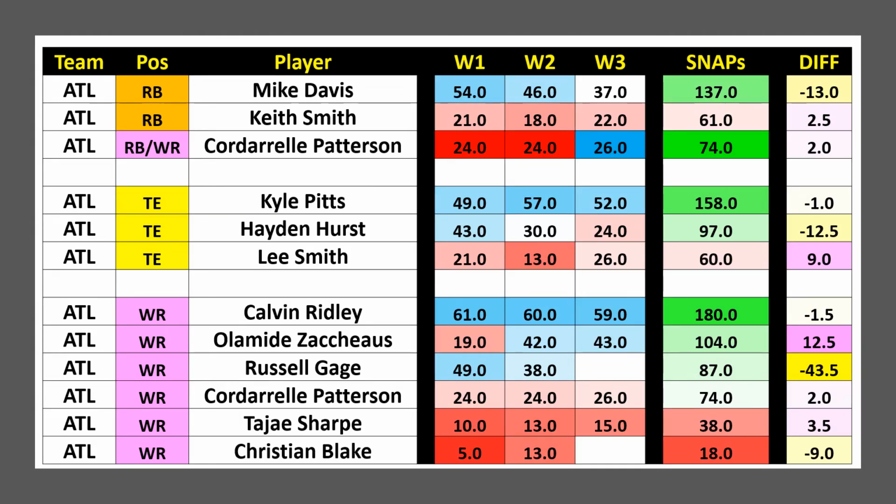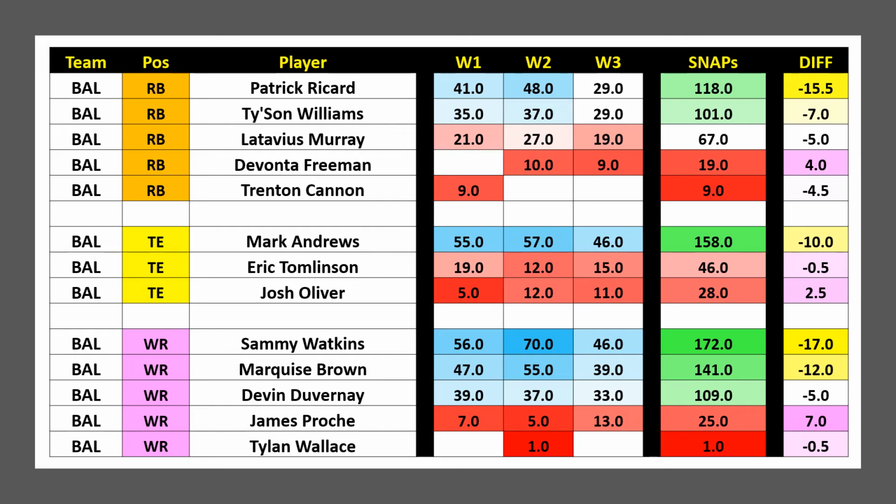Atlanta, Davis went down. Okay, Hurst went down. Pitts staying about the same. Gage got hurt, so he's minus 43. Zacharias, I guess, went up because Gage was down. Patterson got 26, so I understand people think he's a weapon, but you would think he would get more.